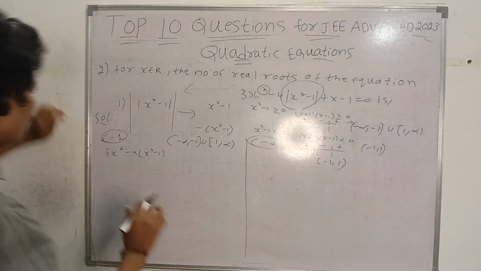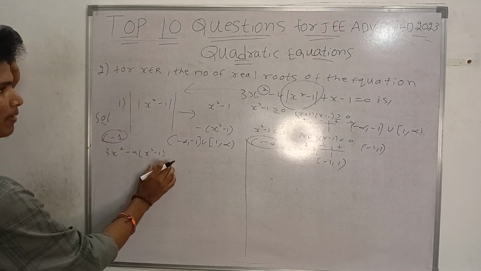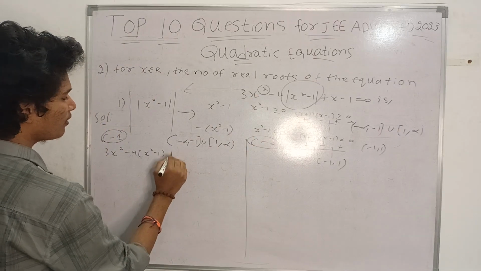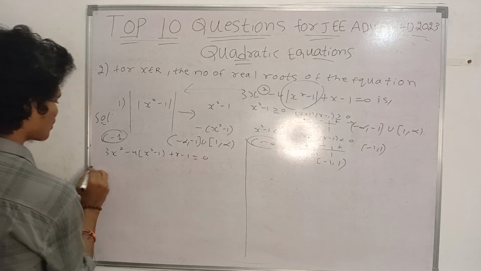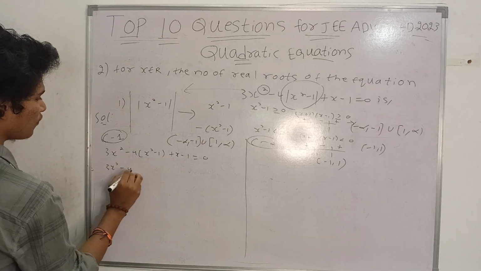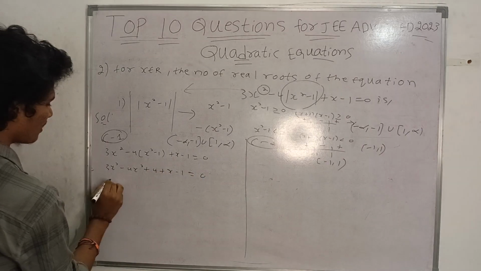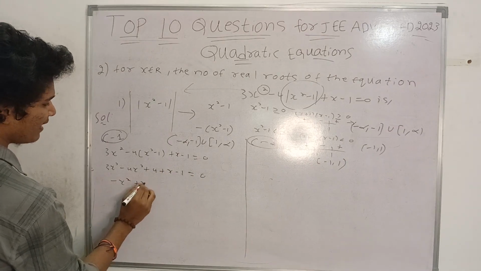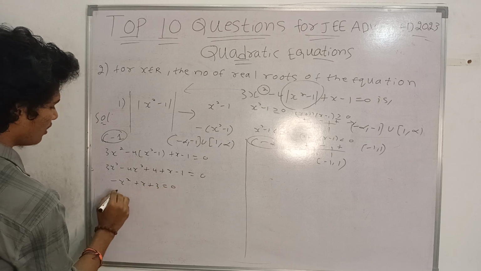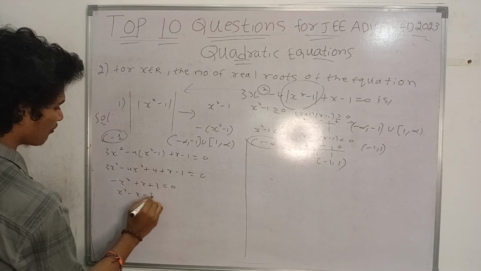This is the condition. Now, this 3x square minus 4 into x square minus 1, I simply take positive here, for the first condition. When we solve this, 3x square minus 4x square plus 4 plus x minus 1 equal to 0, minus x square plus x plus 3 equal to 0, x square minus x minus 3 equal to 0.